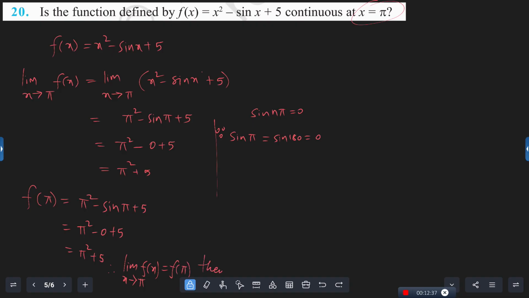Then the given f of x is continuous at x equal to pi. Okay, at x equal to pi, the given function is continuous. Right, fine.